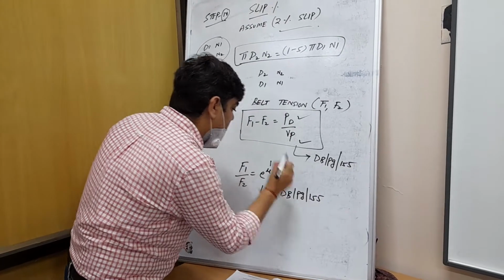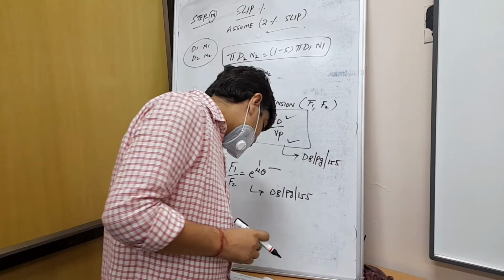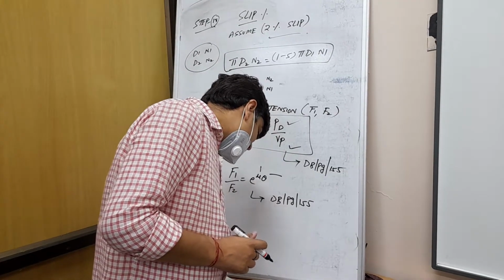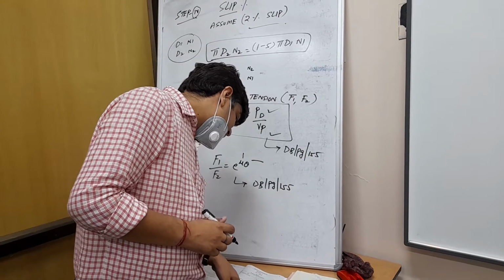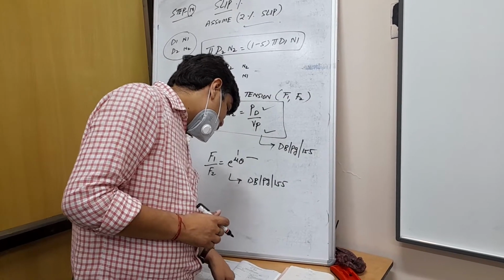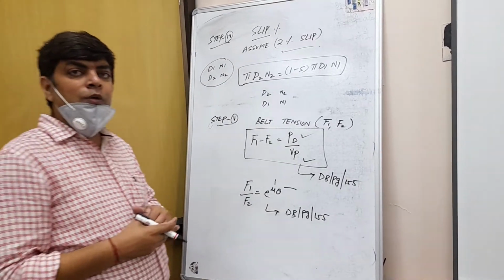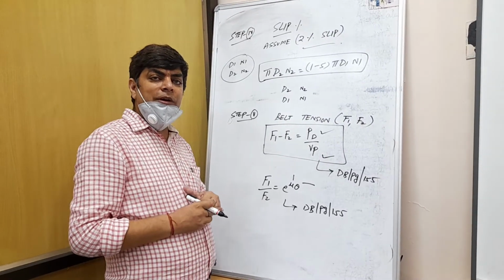Now what is mu, what is theta? For mu and theta, you are advised to refer to table XV4. That is the friction coefficient between belt and the pulley. It means now you need to know what is the material of the pulley and what is the material of the belt.